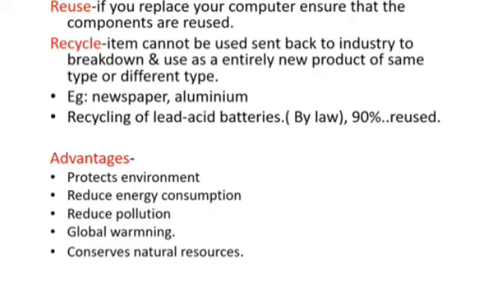For example, newspaper, aluminum. Then recycling of lead acid batteries, by law 90% can be reused for lead acid batteries. Advantages of these 3R concepts: it protects environment, reduces energy consumption, reduces pollution and global warming, conserves natural resources.